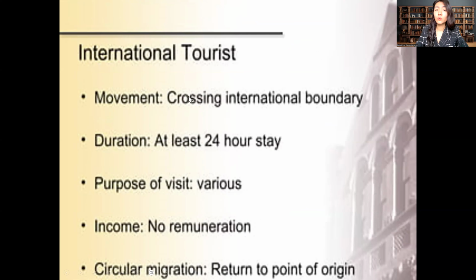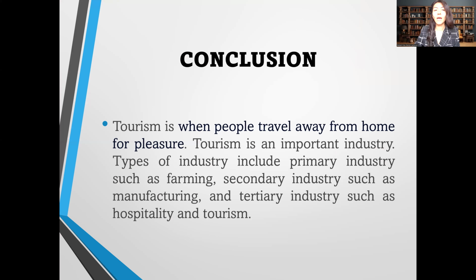International tourism means crossing international boundaries or different countries. The duration is at least a 24-hour stay, and it can have different goals. In conclusion, tourism is when people travel around the world, even within a country.